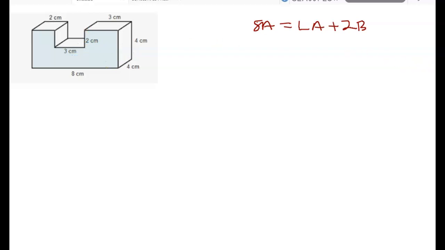So before we can do this, so that we can get the right height and the right base, we have to pick this thing up in such a way that where the cutoff is has to be the base. This has to be the bottom. So we have to turn it in such a way that this will be at the bottom. Then we need our LA, and the new height is going to be 4.